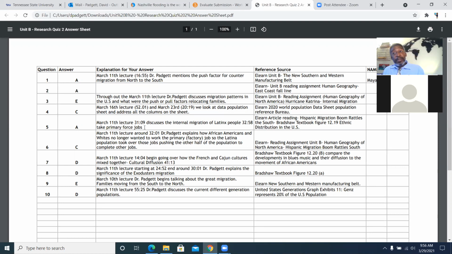Remember the primary sector jobs are in farming, mining, and so on and so forth. I have to go back and see what I said, because it is true that a lot of Latinx people have come to this region to work in the primary sector.